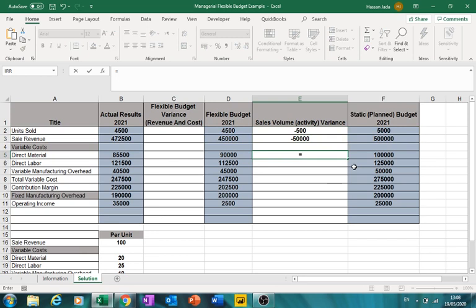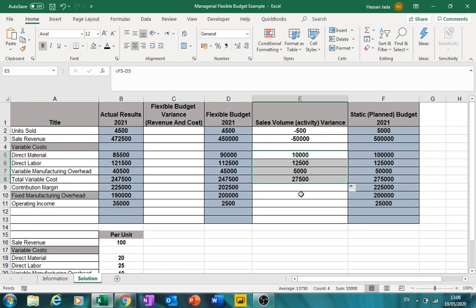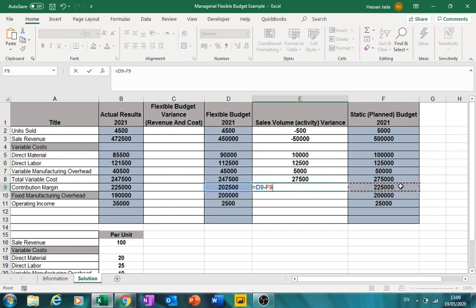We can have the difference between these two amounts, this minus this, okay, E5 minus B5, and we copy this for our example here, and we have the amount. And for the contribution margin we can have the contribution margin minus the contribution margin here.